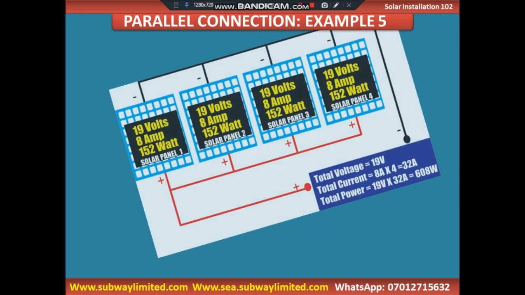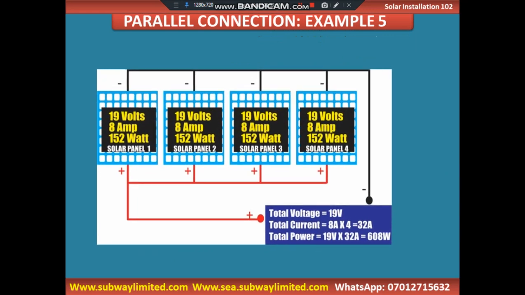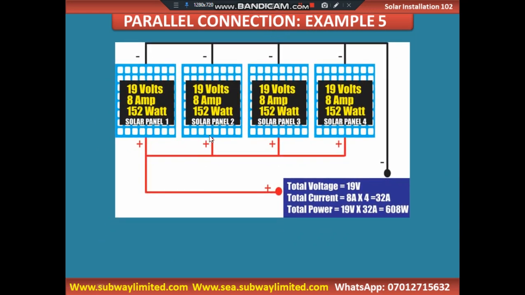We look at example 5 here. What really happens here is we are equally having 4 solar panels. You can see we are connecting the positive to the positive to the positive to the positive. That is parallel connection. We are using this diagram to illustrate parallel connection, and we are connecting negative here, negative here, negative here, and negative here.